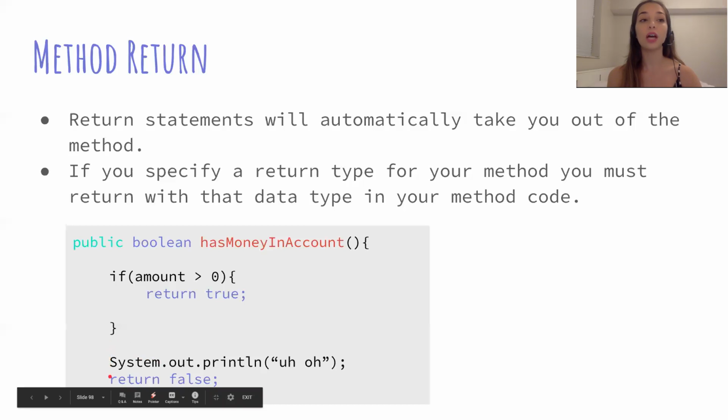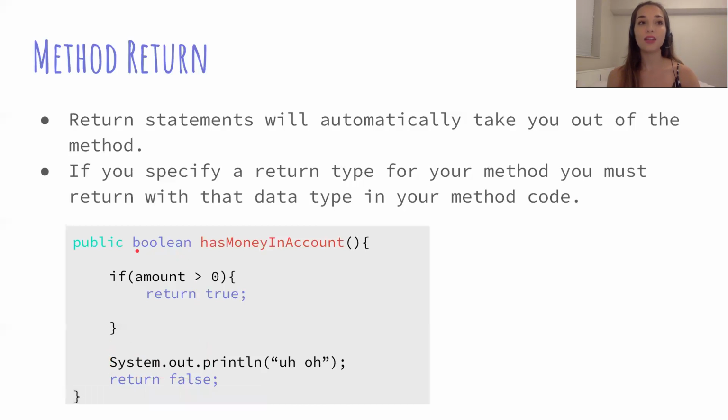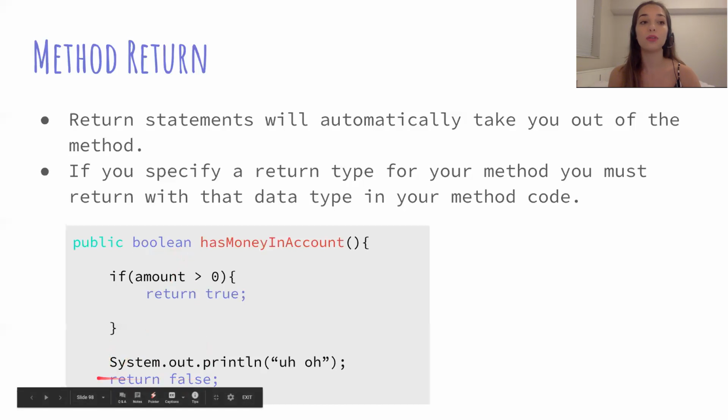Now, if you forgot to put return false here, you will get an error because in Java, if you specify that the return type is Boolean, that means in every scenario of this method, there needs to be a way to return a Boolean. So Java will realize that there's no way to return a Boolean if amount is zero or less than zero if you do not have this return false here.